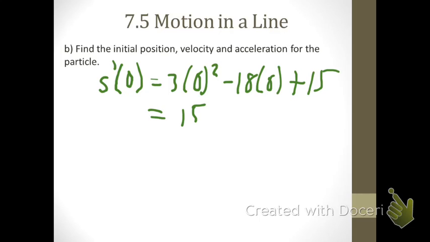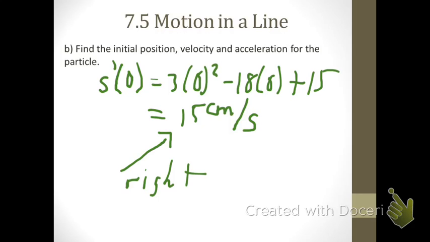I forgot to put the units on the displacement a moment ago, but I'll make sure I put my units here. The initial velocity for this particle is going to be 15 centimeters per second. Okay, now it's important to note here that a positive velocity indicates that the particle is moving to the right. Had the velocity been negative, it would have meant that the particle is moving to the left.